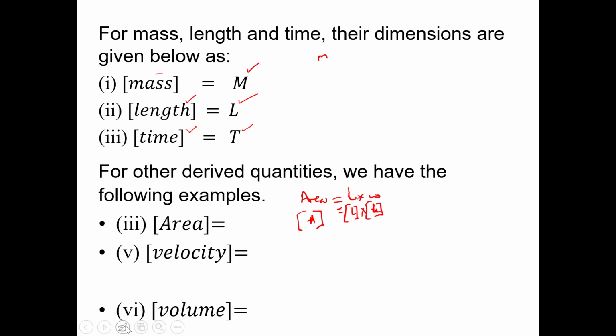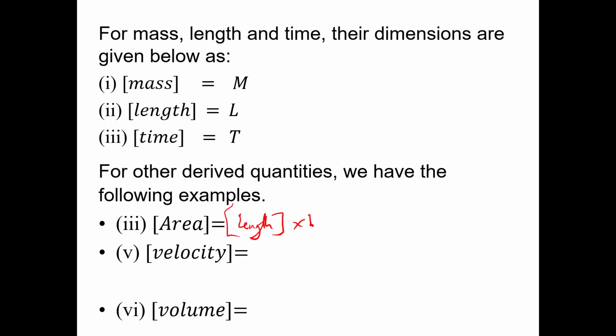As simple as that. In other words, dimension of area is equal to dimension of length times the dimension of length. And this is the same as capital L times capital L, which gives us L squared. Now, if you remove this symbol for dimensions, then you simply write the capital L, the capital M, the capital T, where they are needed. So that is what we do have.